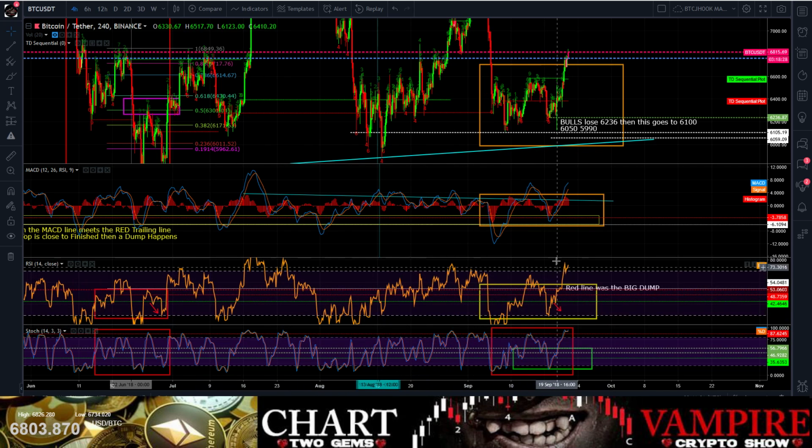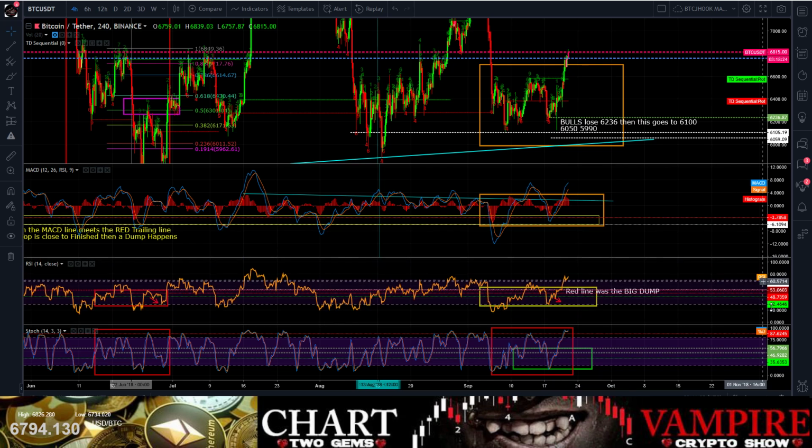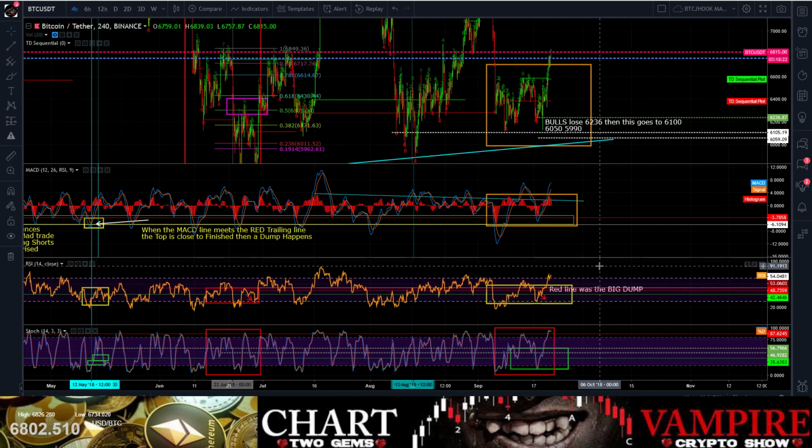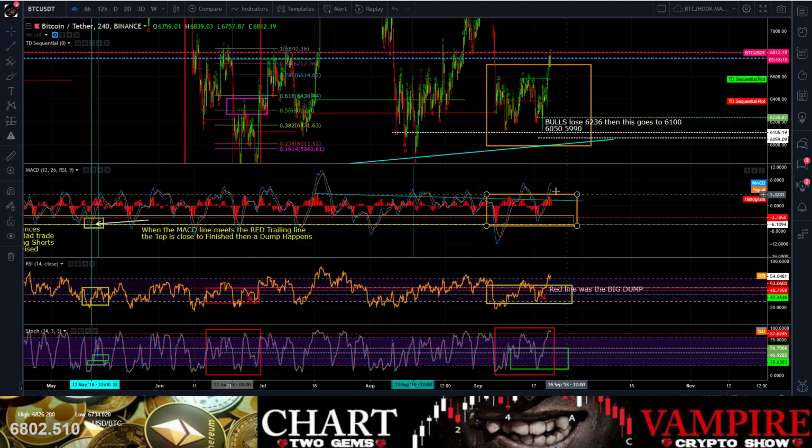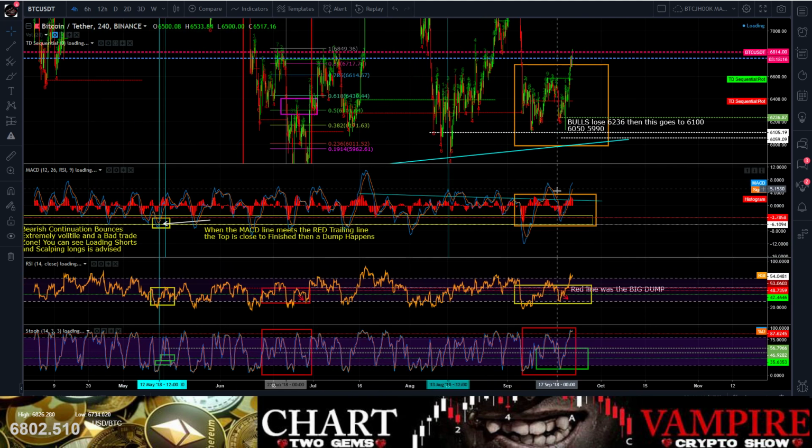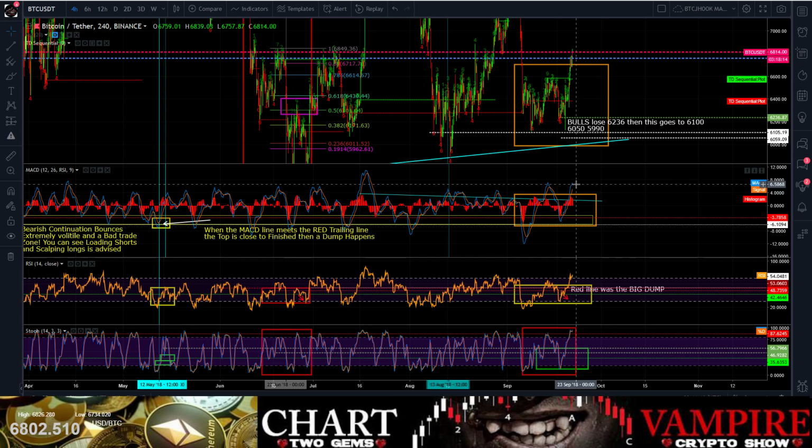Nothing on this chart really jumps out at me. I mean, we're way over, our RSI is really high. And look at how high our RSI is over here. And then your MACD, just an insane run on the MACD. It's just about to break into the bullish zone.